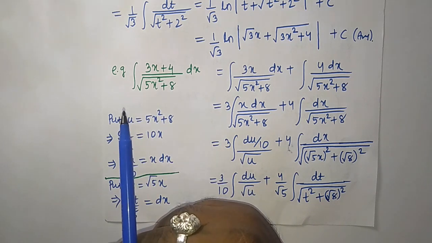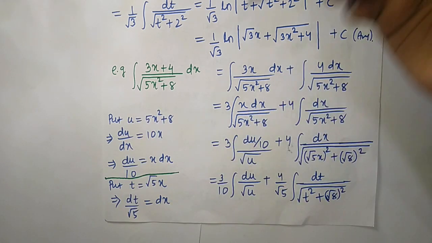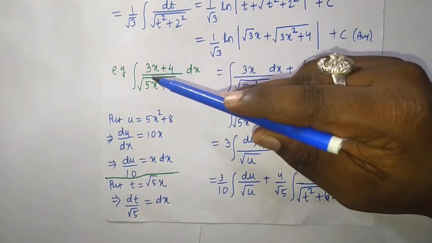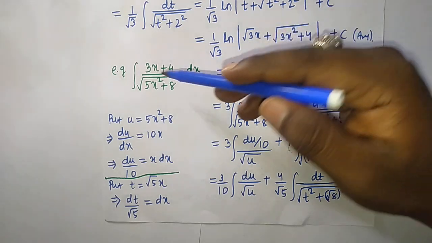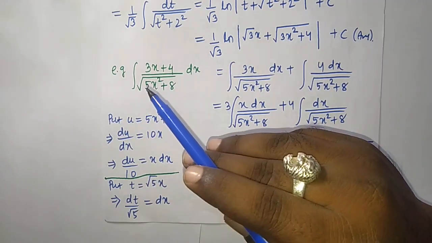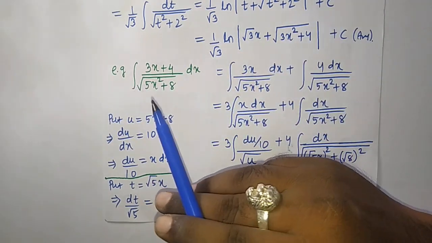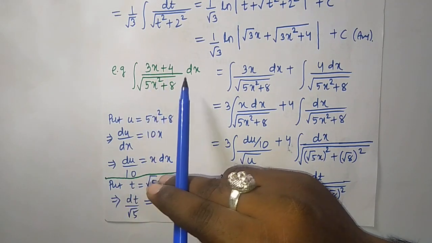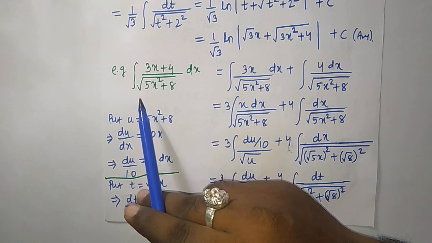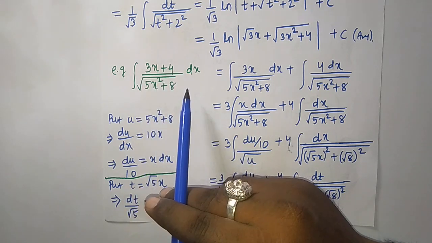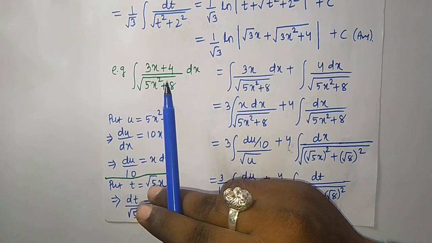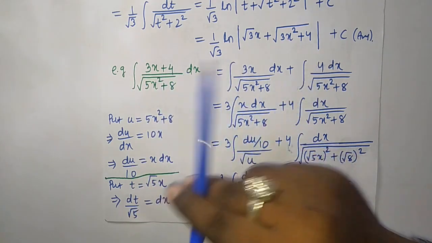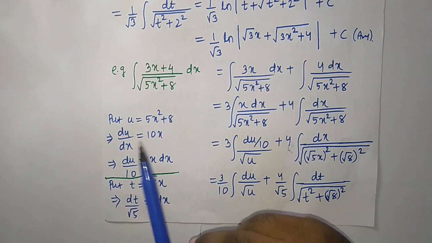In the first step, I have separated this single integration into two integrations, as we do by splitting fractions. Here one fraction is there, 3x plus 4 by this term, that means 3x by this term plus 4 by this term. Two terms you are getting. So I have taken integration of these two individual forms.